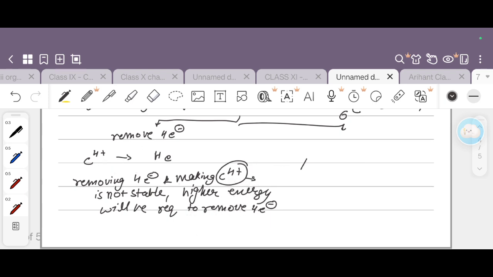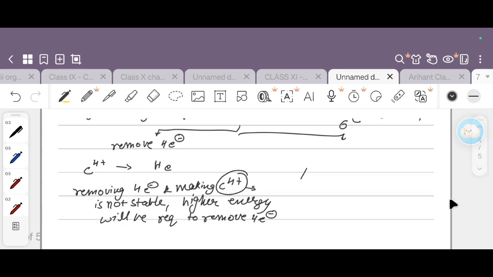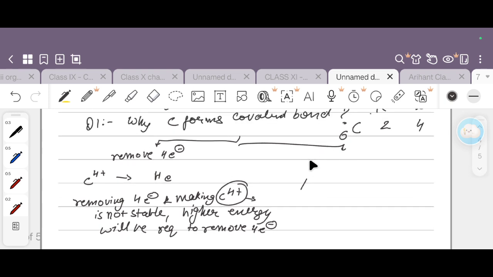Now the second case is we can add 4 electrons. To add 4 electrons, we get a species like this, and it will have the configuration of neon, that is another stable atom.